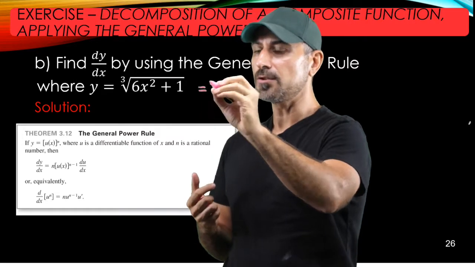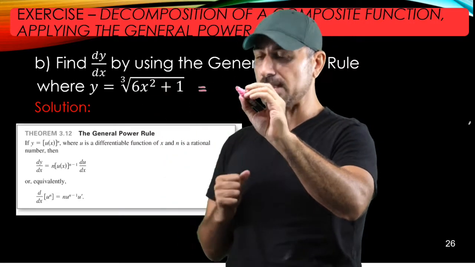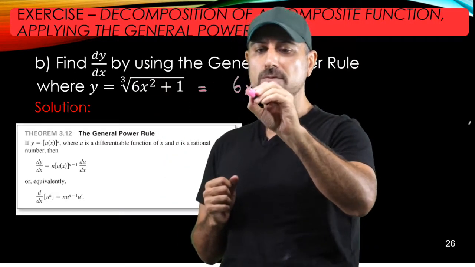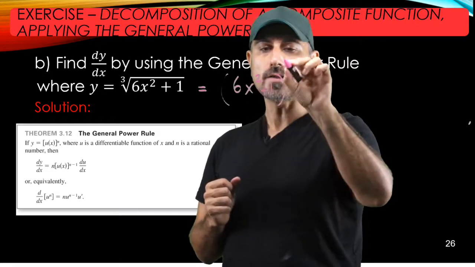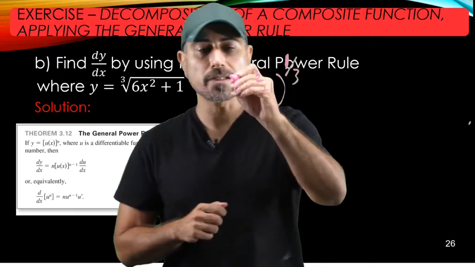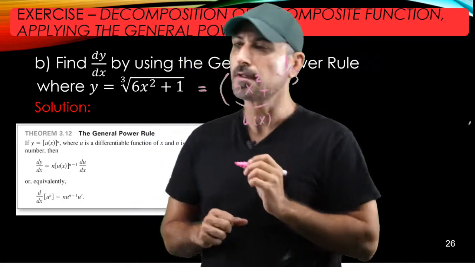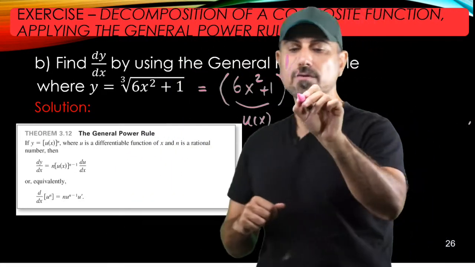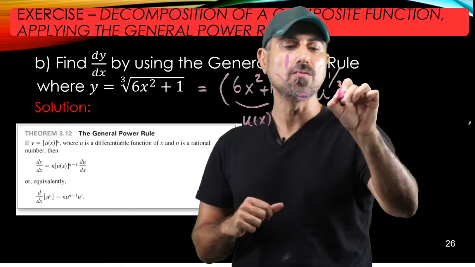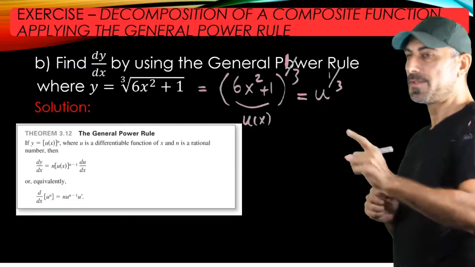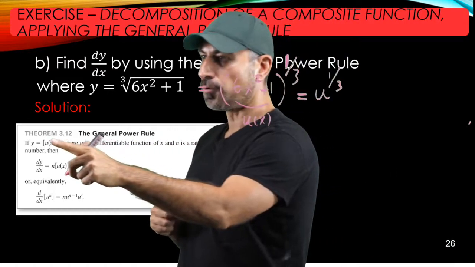Since this is the cubic root of 6x squared plus 1, I'm going to write it as to the power of 1/3. Okay, so now I can call this function u of x. So now I have u to the power of 1/3. This exactly fits in this form here.